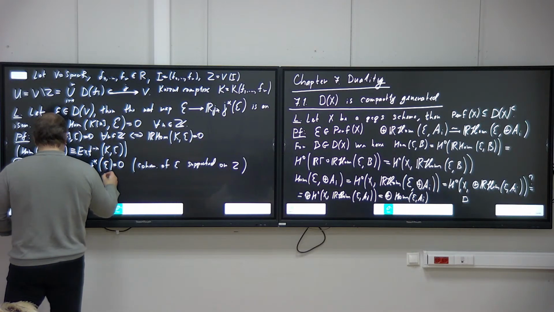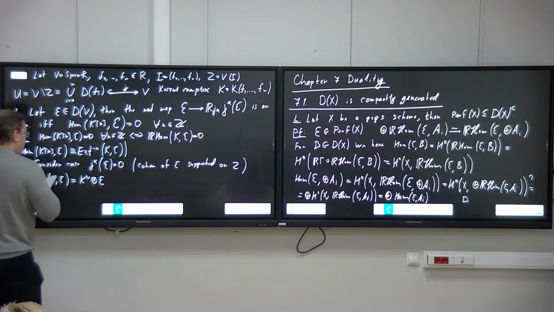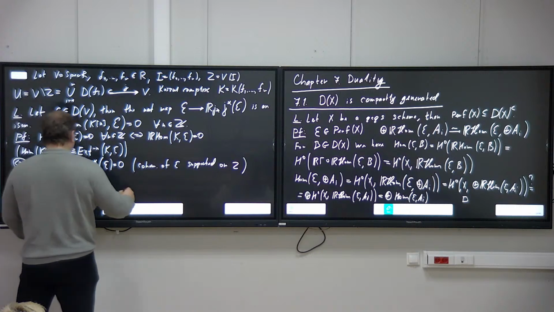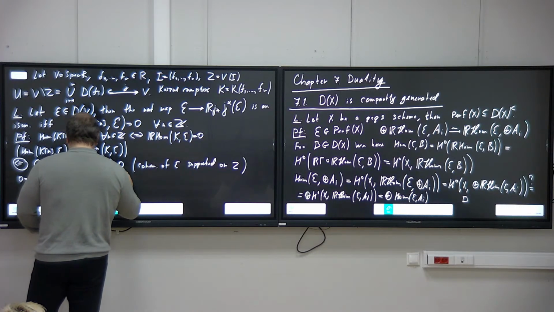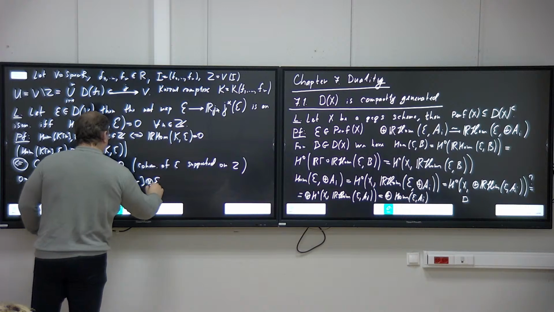And also by a simple commutative algebra argument, if you take the dual of the Koszul complex, you still get the Koszul complex but shifted. So this will be isomorphic to K shifted by minus r, tensor product with E.